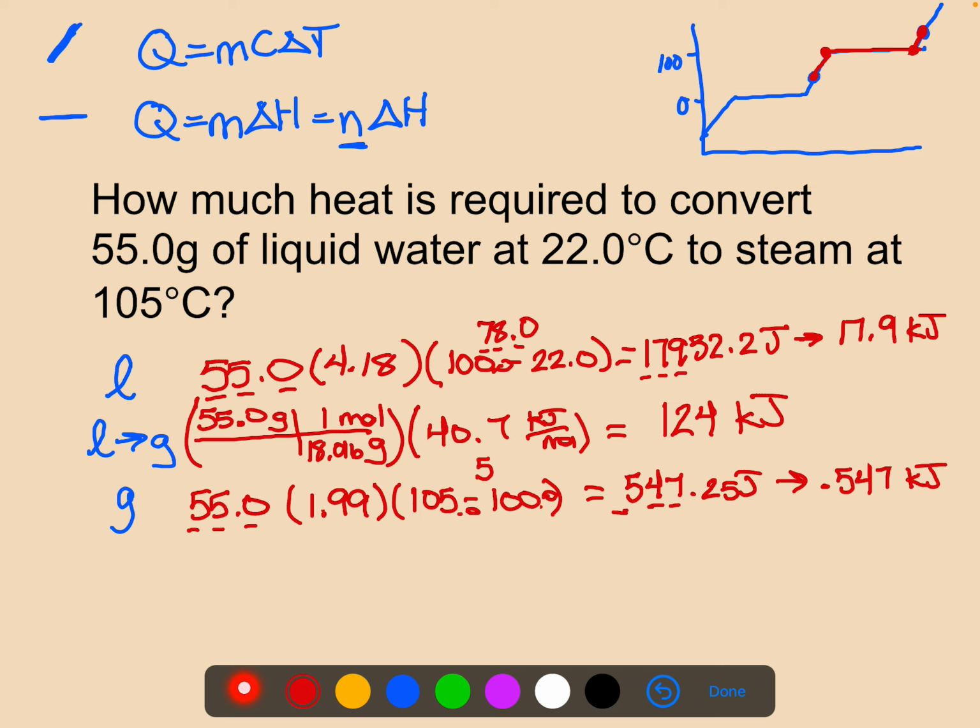kilojoules. And whenever we add those together, it's going to be 142.447 kilojoules. But remember, whenever you are adding, in terms of sig figs, you round to the least number of decimal places. Our second one has a whole number that does not have a decimal place.